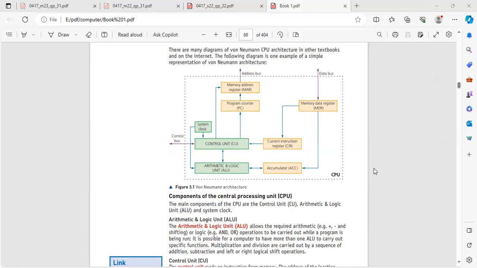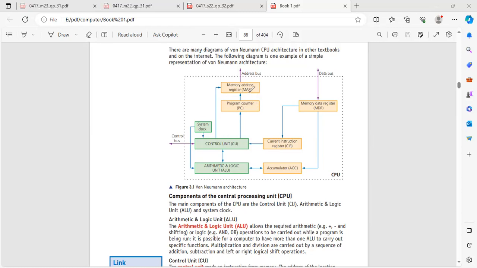Now see the diagram here. You can see that the control bus is connected with the control unit. It has the system clock. Then the CU is connected with the ALU, and the CU is connected with the program counter, because it gives instructions to the program counter. As I told you, the program counter will have the address of the next instruction to be fetched.